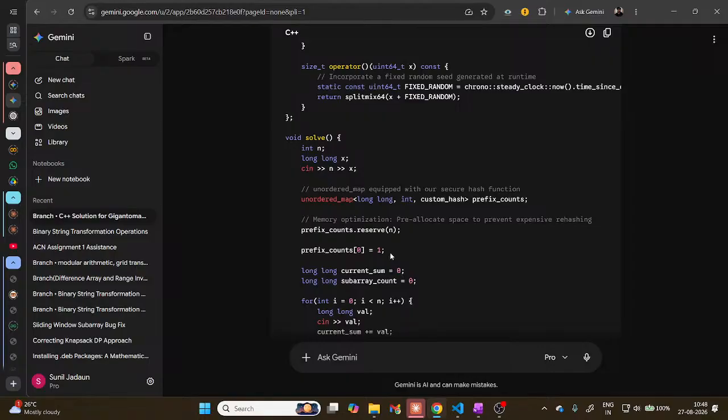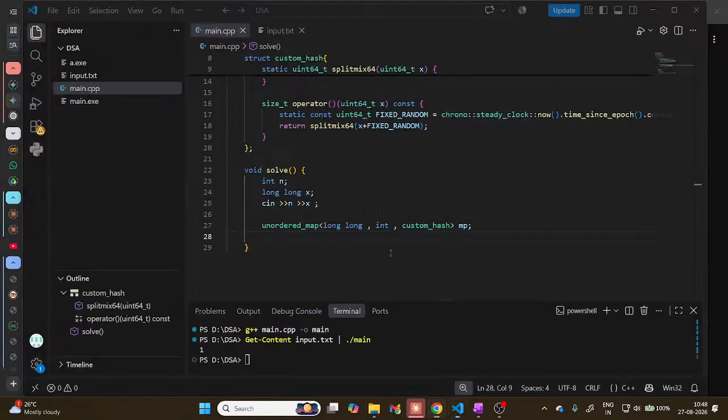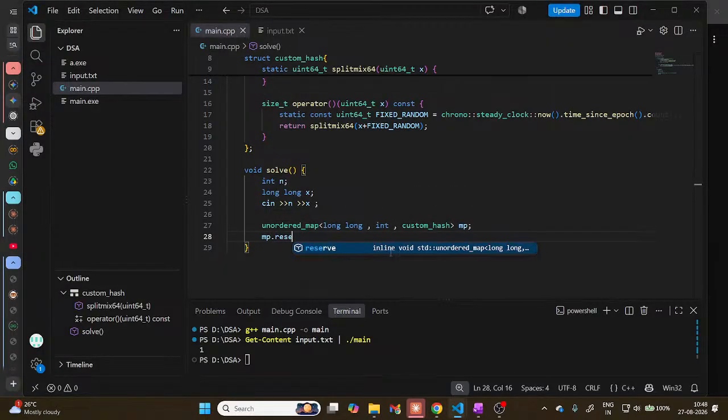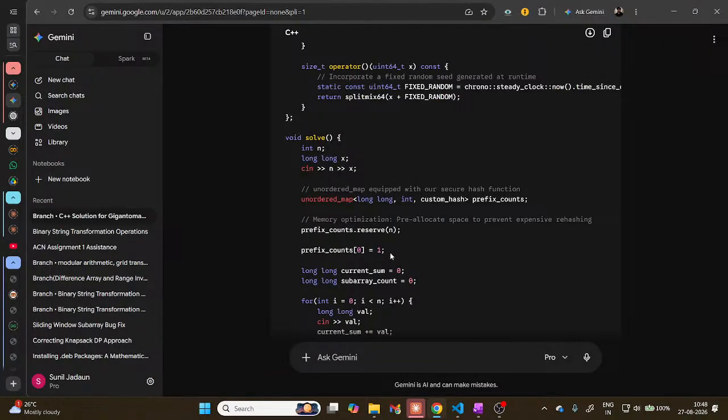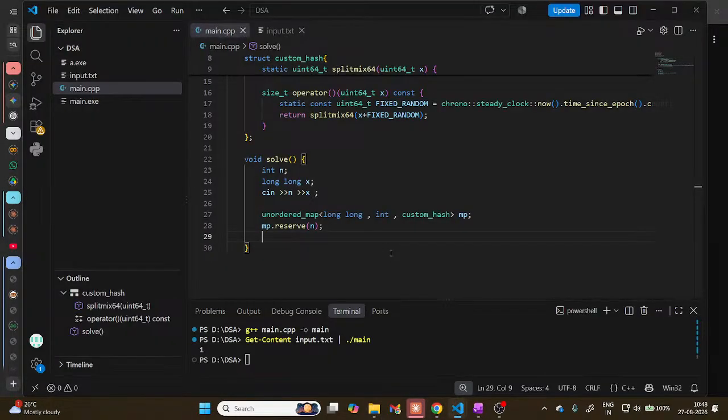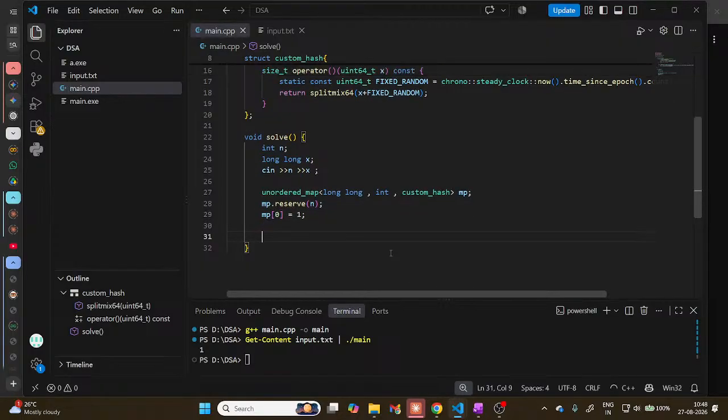Right, prefix count: pre-allocate space to prevent expensive rehashing. Okay, so map dot reserve of n size, then prefix count 0, mp of 0 equals 1, right.